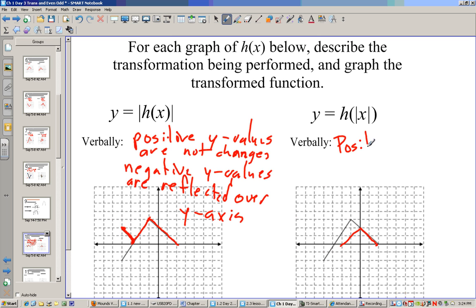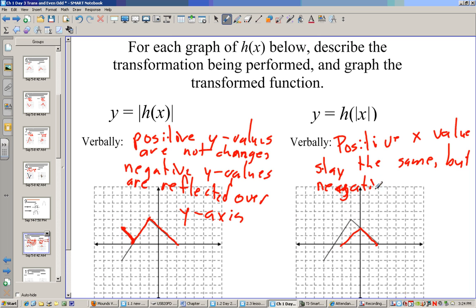So positive x values stay the same, but negative x values are reflected over the y-axis.